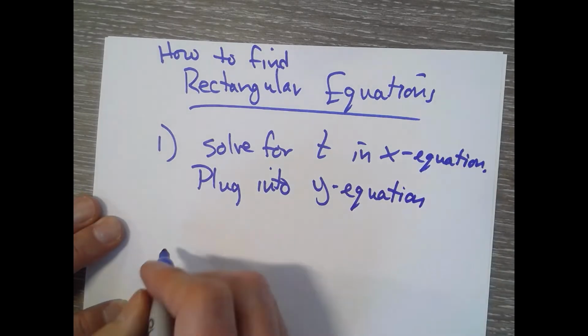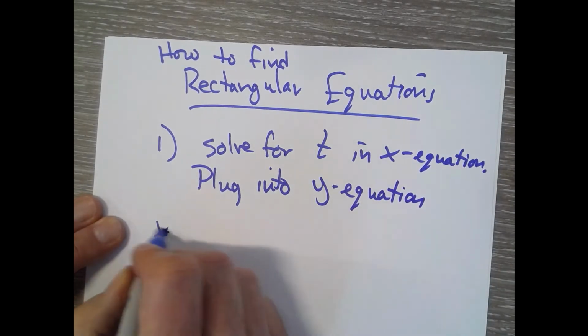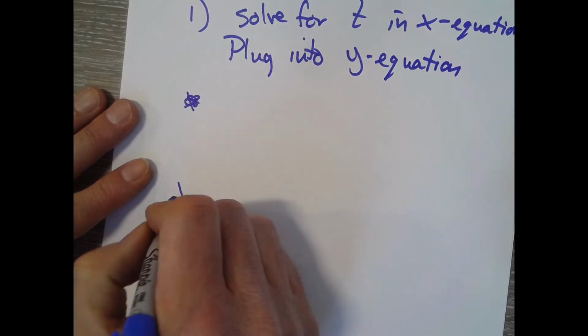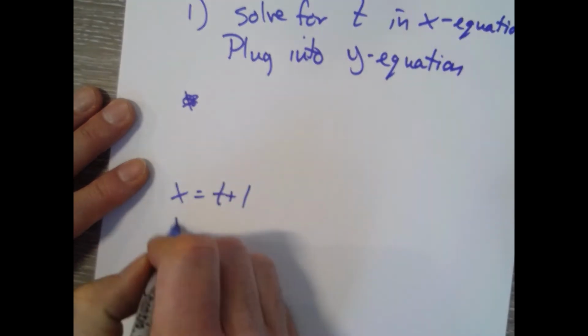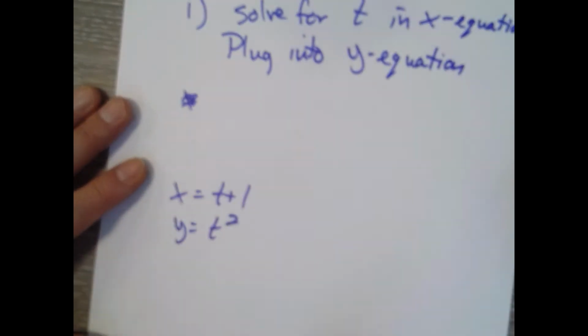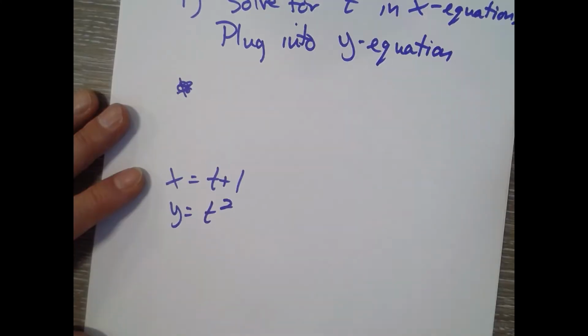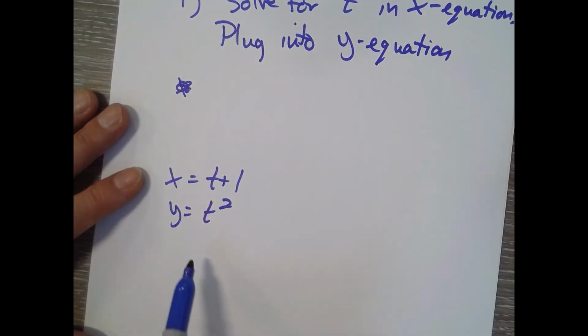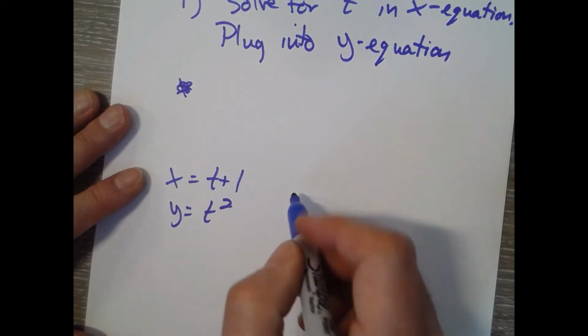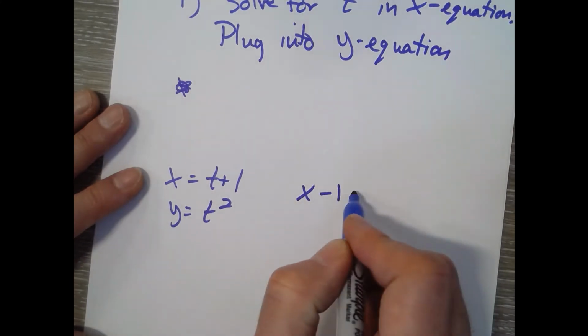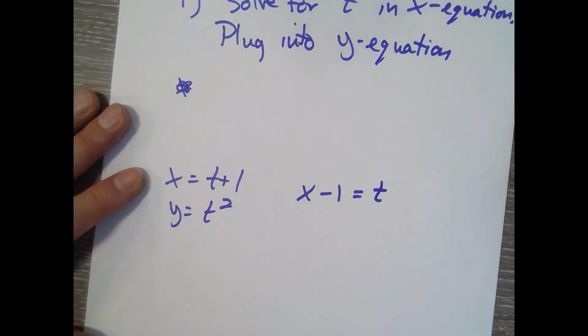Okay, so we have x equals t plus 1, and y equals t squared. I said solve for t in the x equation. Well, all I have to do is subtract 1, so x minus 1 equals t. Are you with me? I solved for t.